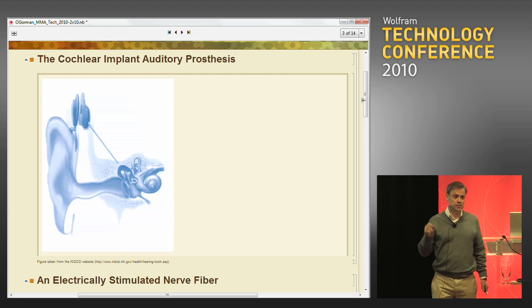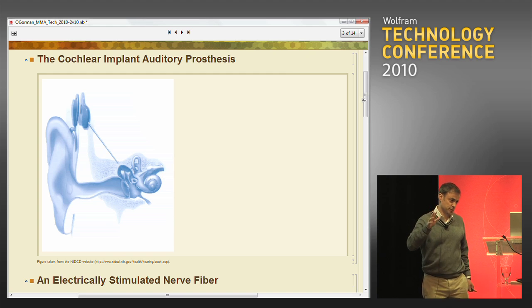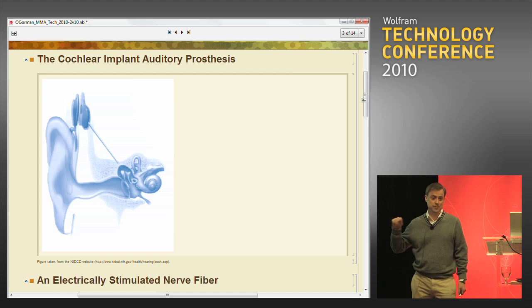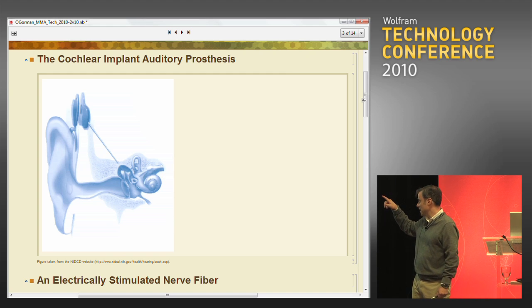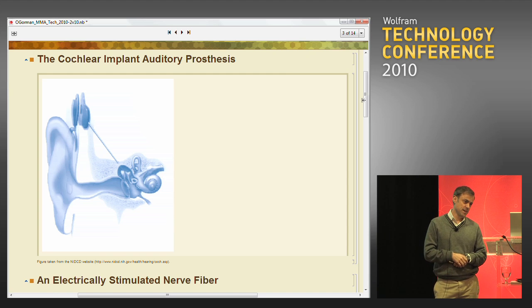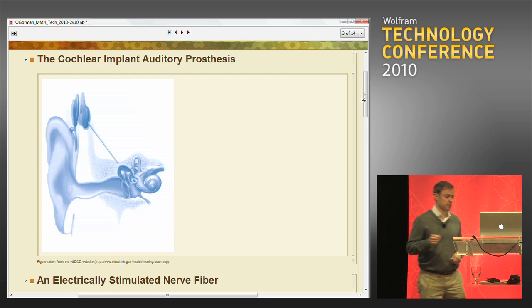These auditory nerve fibers produce electrochemical impulses that travel from the ear to the brain. And it's the timing of these electrochemical impulses that the brain interprets as sound.